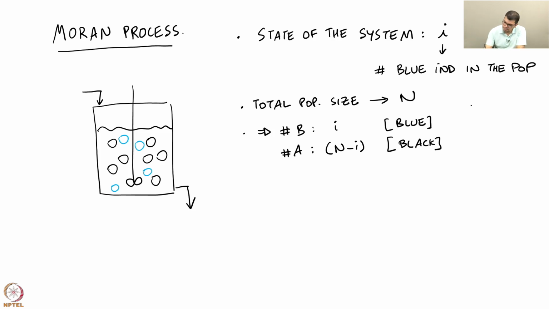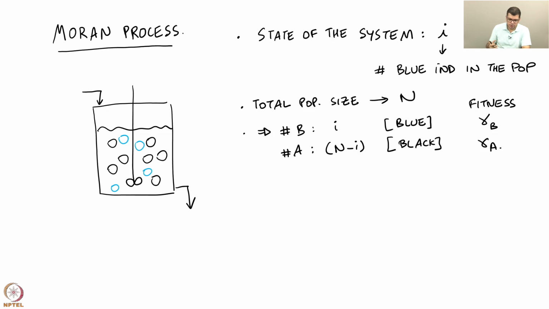We will also assume that the fitness of the two genotypes is RB and RA. These could be equal when they are both equally fit, or these could be unequal: if the blue individual is fitter than the black individual, then RB would be greater than RA.